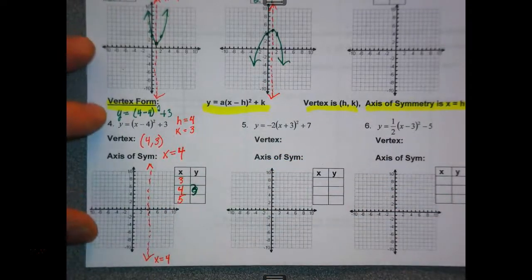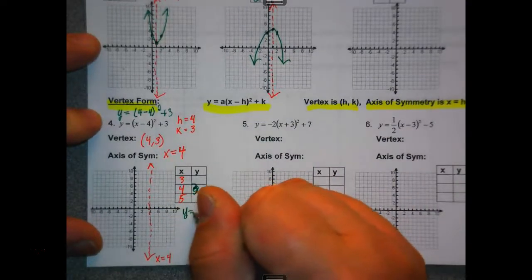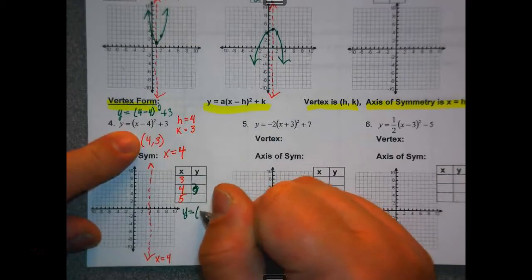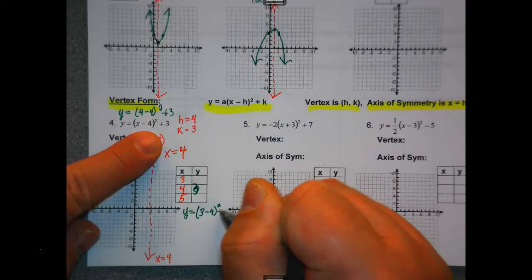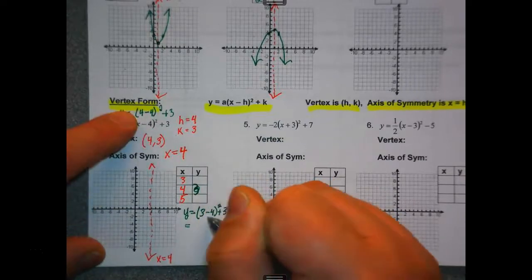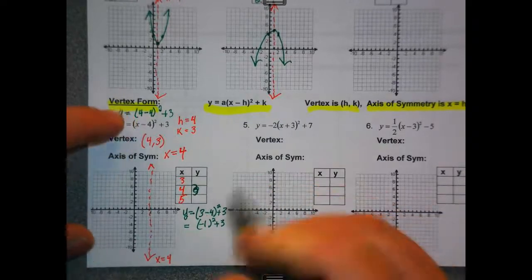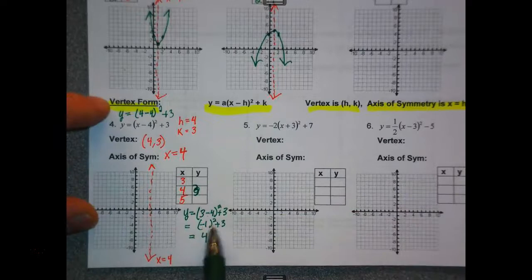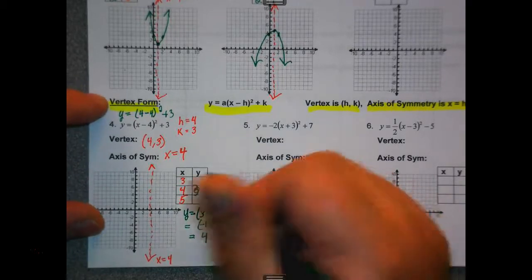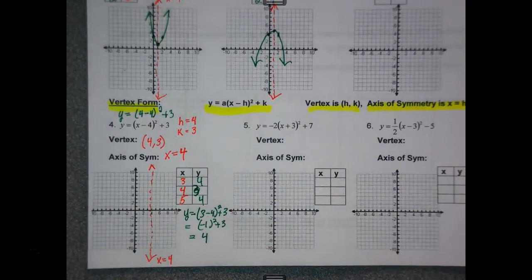Okay, if I plug in 3 for x, y equals the quantity 3 minus 4 squared plus 3, negative 1 squared plus 3 is 4. Negative 1 squared is positive 1 plus 3 is 4. Am I going too fast?